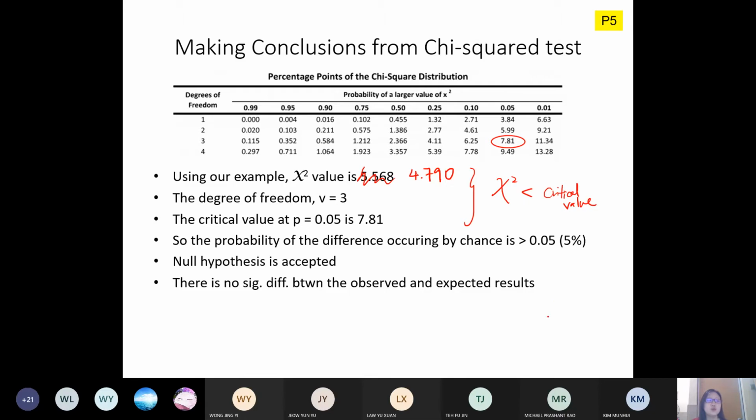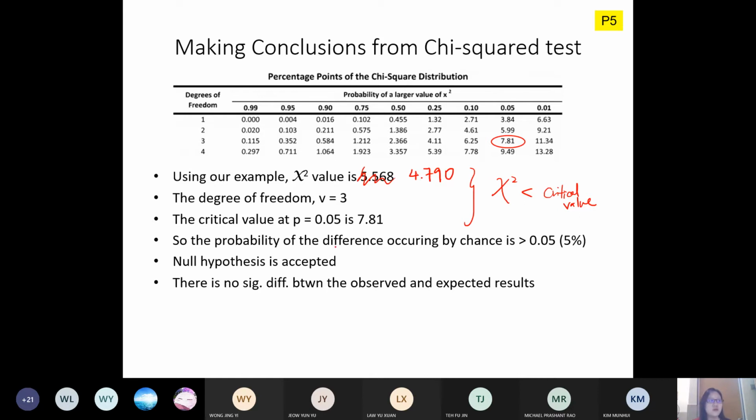These are the words that they expect you to use when they ask you to explain your result. So the probability of the difference occurring by chance is more than 0.05. You get it?